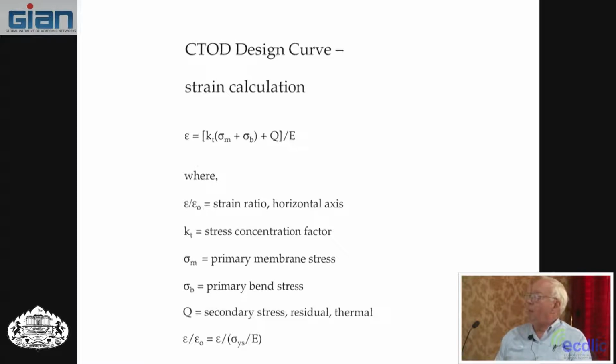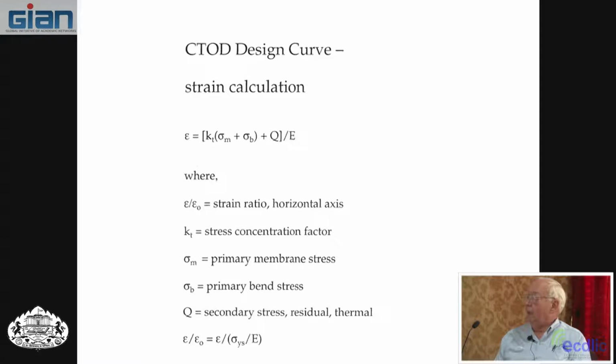Anyway, all those stresses are added together. Membrane and bending times the stress concentration, and then the secondary stress, and then divide that by an elastic modulus, and you get then a strain ratio. So strain over strain is strain over yield strength divided by modulus.